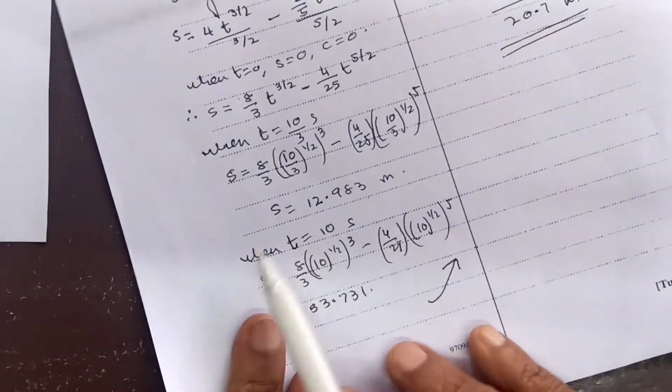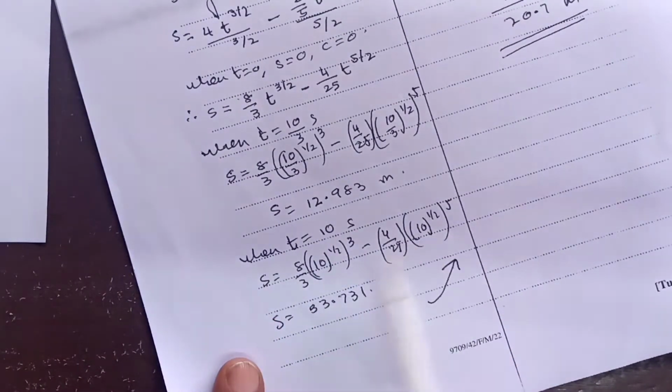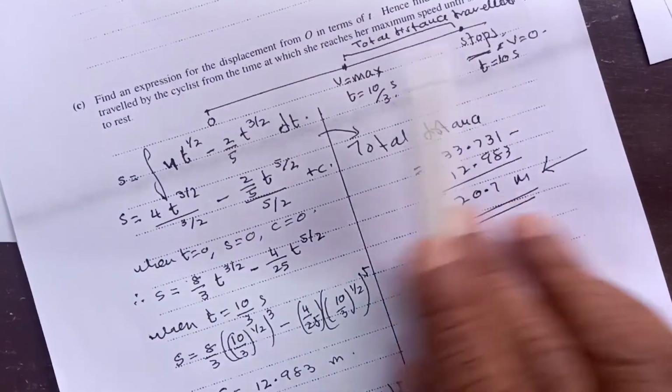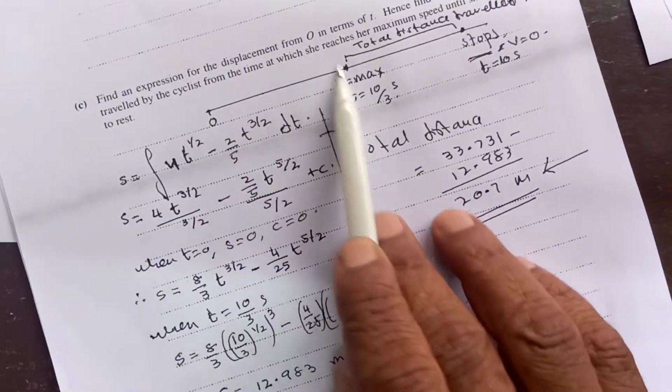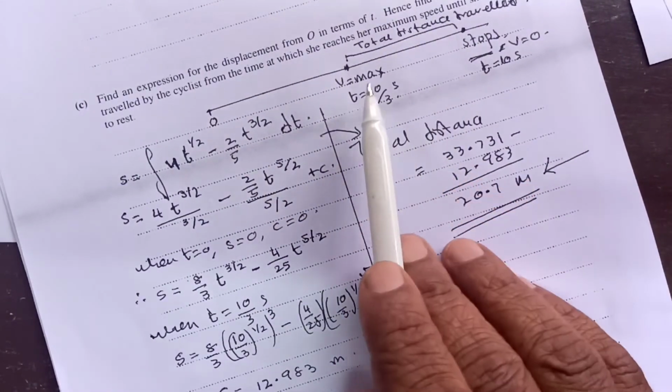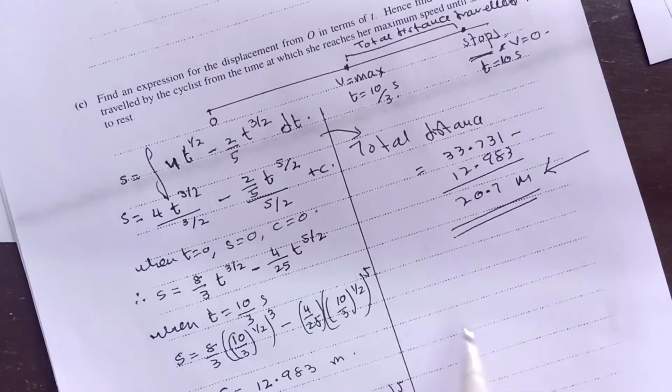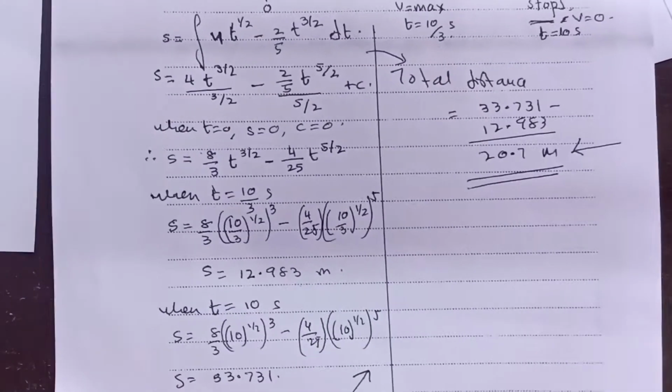Then you replace t is equal to 10 in the same relationship. You will get that. This is the distance covered here. So you take this distance minus this distance, you will get the distance between Vmax and until it stops. Very interesting question.